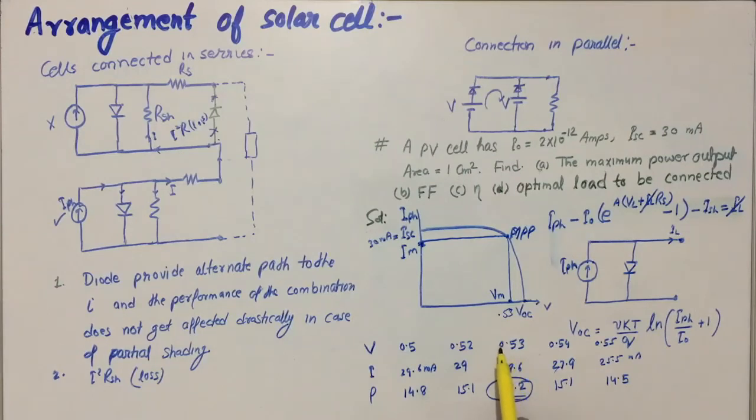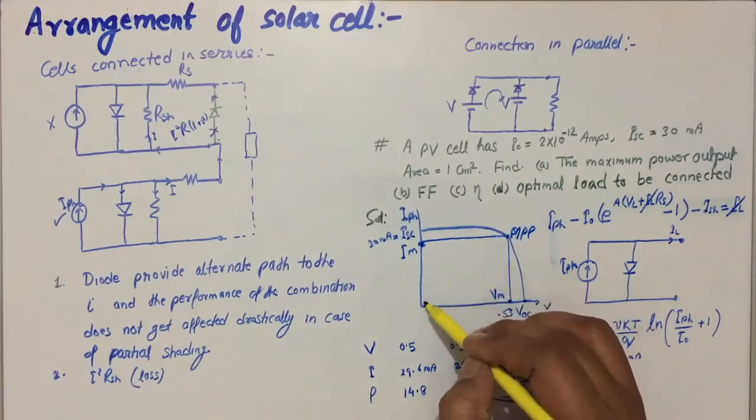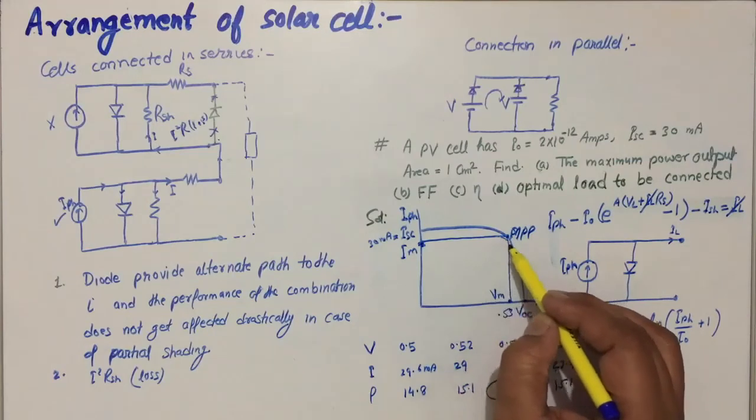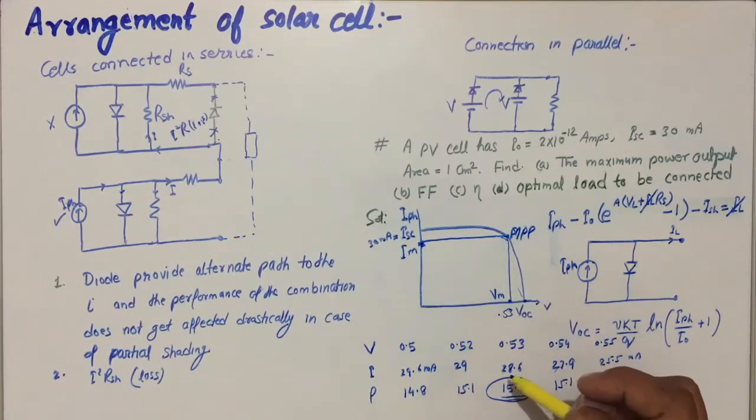If you take a more precise value it may vary quite a bit, but more or less it will be near 15.2. We find the trend: it is increasing, then decreasing. So this is the power point that we have. It will be somewhat like this. So this is the point that we are looking for.